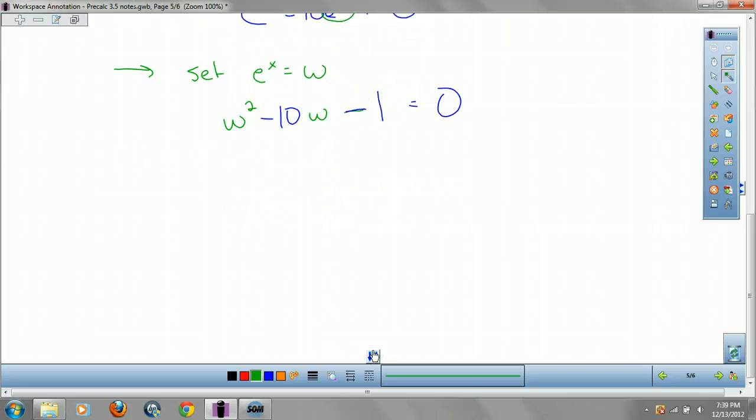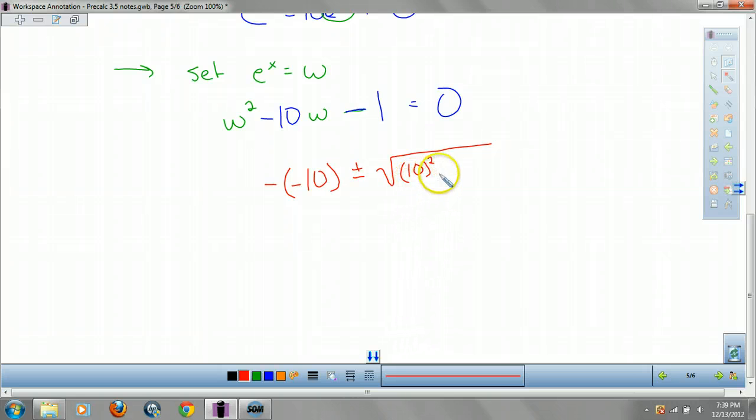Now, here's what I do. I have a quadratic equation, right? So I use my negative b plus or minus square root of b squared. You're saying this is negative 10, but it's squared, guys, doesn't matter.